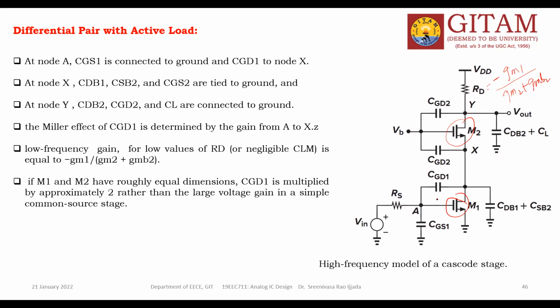Whenever these two are equal in dimension, this capacitance is multiplied by 2, because this has one capacitor, this has one capacitor, and this has one more capacitor. So if both are equal in dimension, your CGD1 is multiplied by 2.